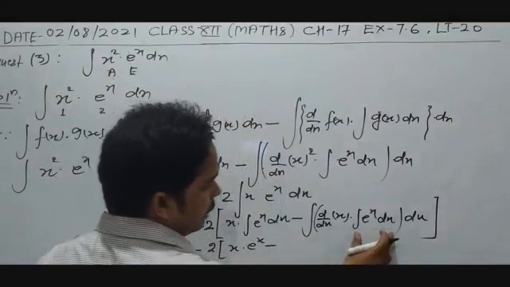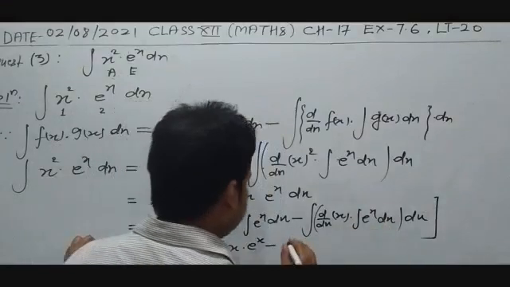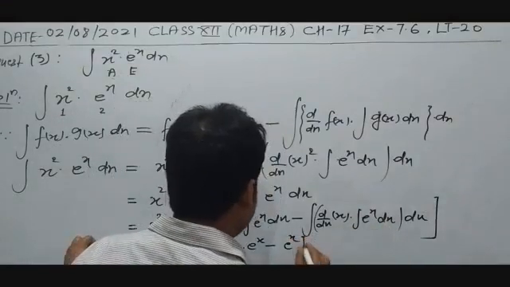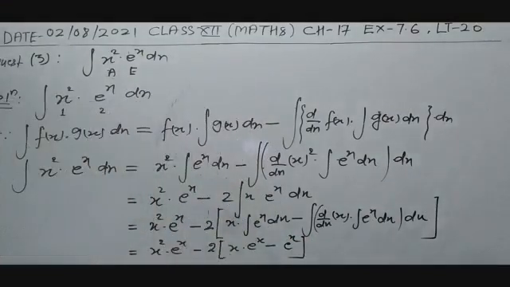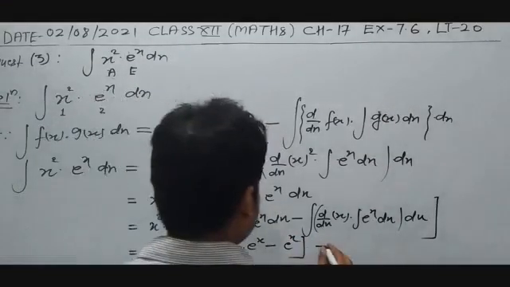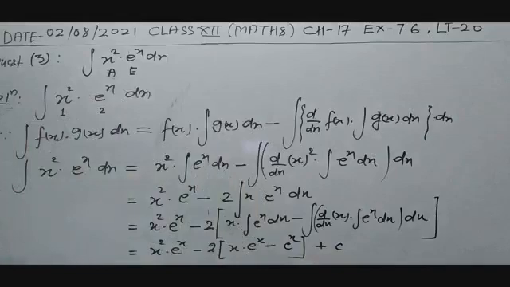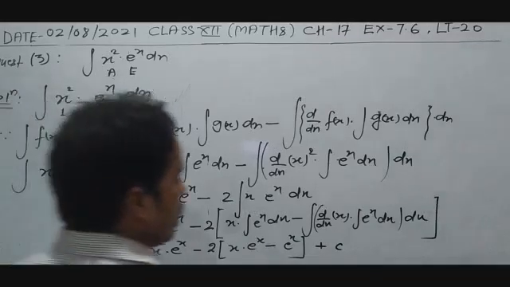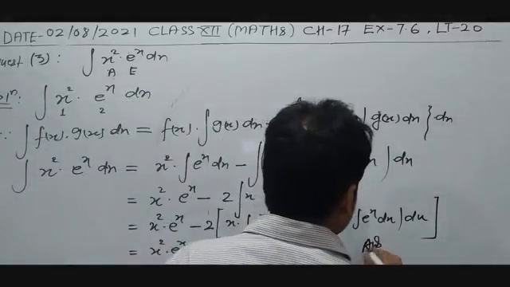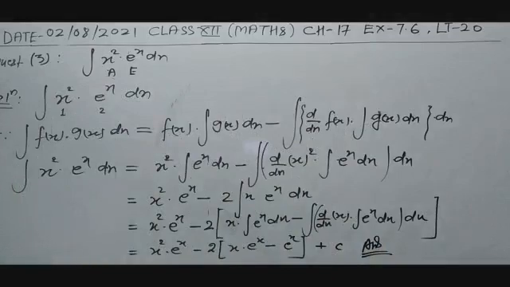So 1 into e to the power x, result will be e to the power x. Now plus c. So what will be the answer? Answer will be x square e to the power x minus 2x times e to the power x plus 2 times e to the power x plus c. So this will be the answer. Now question number 3 is totally completed.